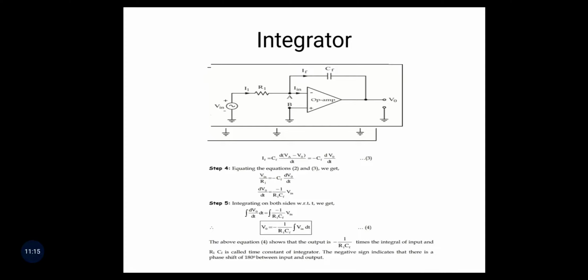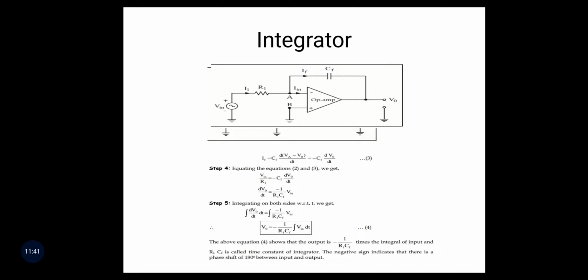So IF is the current across the capacitor, and the current equation is I equal to C into dV by dt. Here dV means differentiation of the voltage, and V is the potential difference between the two nodes.